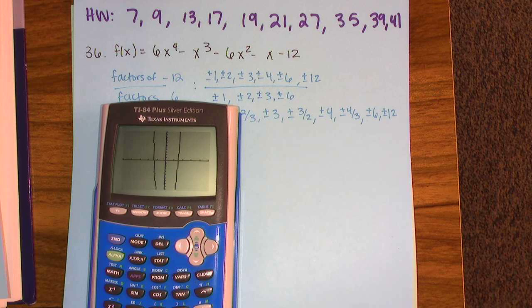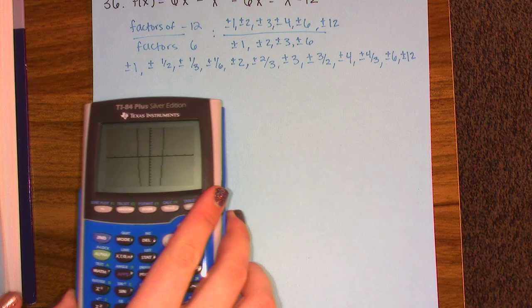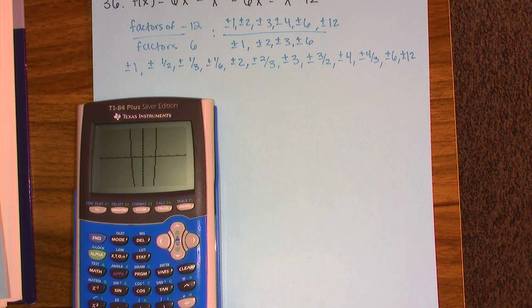So what numbers look like possibilities here? 3/2, and this isn't necessarily saying that they are, but just pulling out ones that you think are possibilities.